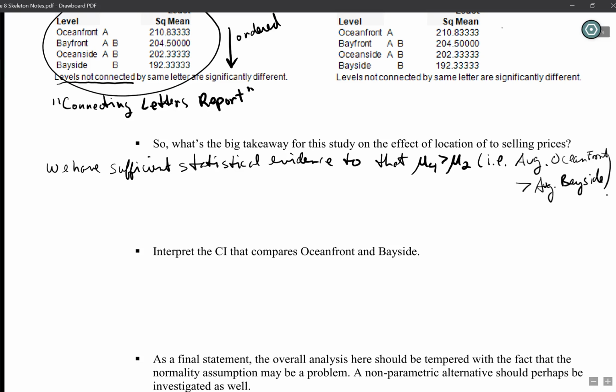Now, that is the only significant difference we have. This is the only detected significant difference.